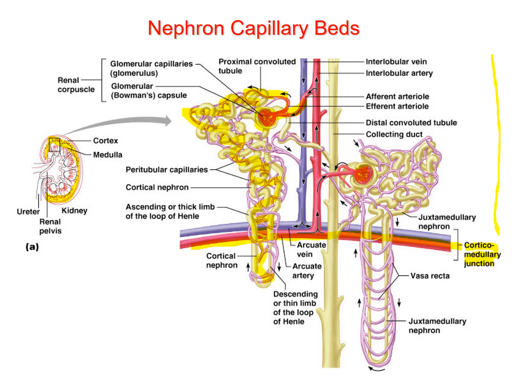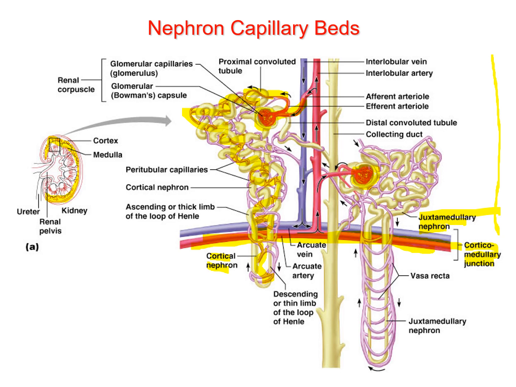There are two different types of nephrons shown here. One is a cortical nephron. That's the type that's typically found, but there are also some nephrons that are called juxtamedullary nephrons. There's a cortical nephron, and these are juxtamedullary nephrons where the glomerulus is located closer to the corticomedullary junction.